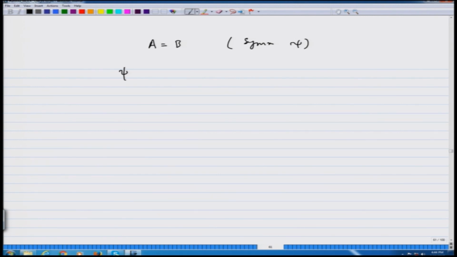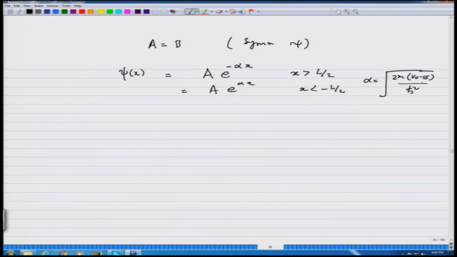So, I have psi x equals A e raised to minus alpha x for x greater than L by 2, equals A e raised to alpha x for x less than minus L by 2, where alpha equals square root of 2 m (V0 minus E) over h cross square. Now, let us look at the combination.